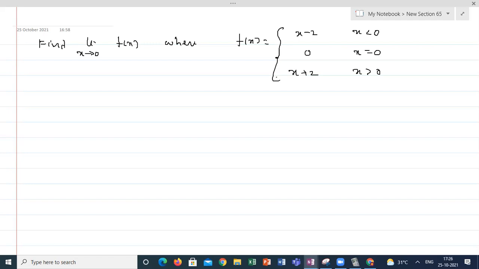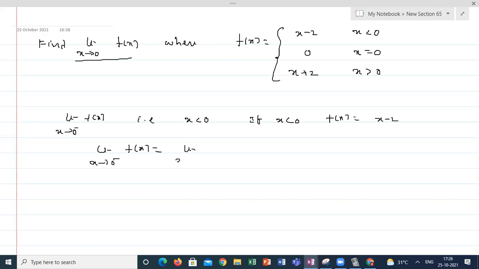In the same way, I'm starting with x tends to 0. Limit x tends to 0 minus of f of x. That is, x is less than 0. If x is less than 0, f of x is x minus 2. So limit x tends to 0 minus of f of x will be equal to limit x tends to 0 minus of x minus 2. Your function is x minus 2. 0 minus 2 is minus 2. Limit x tends to 0 plus of f of x.